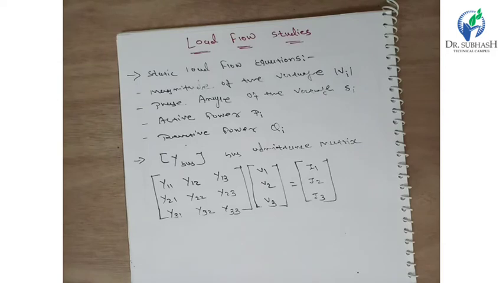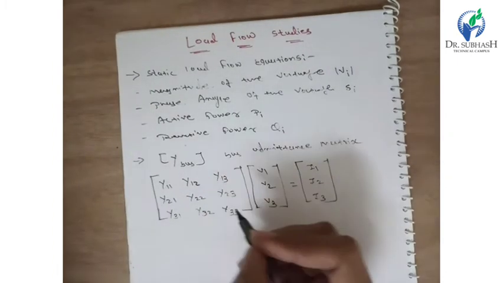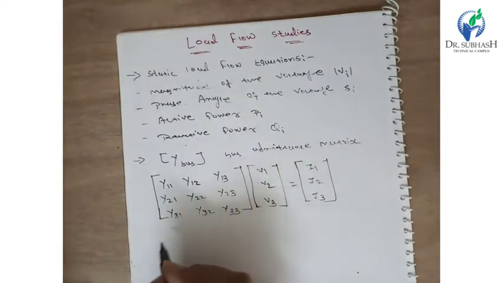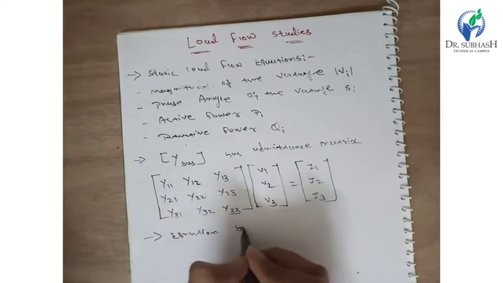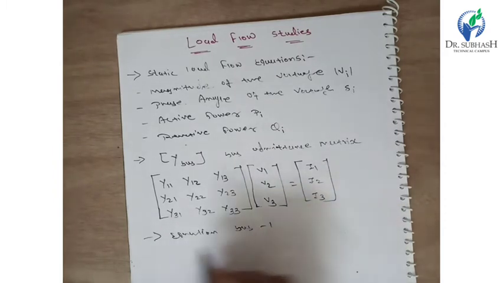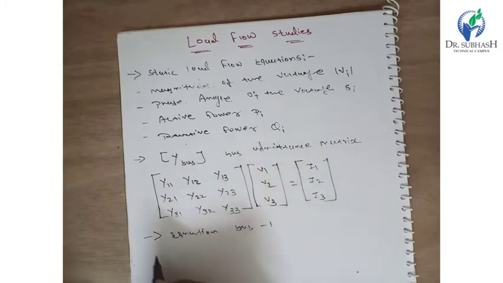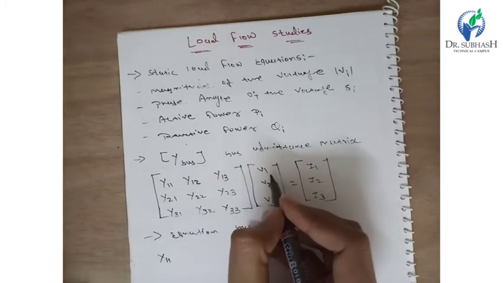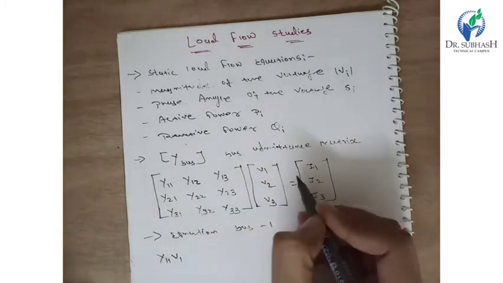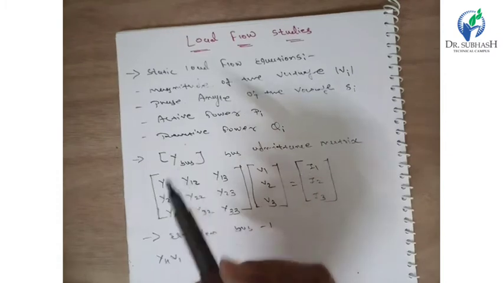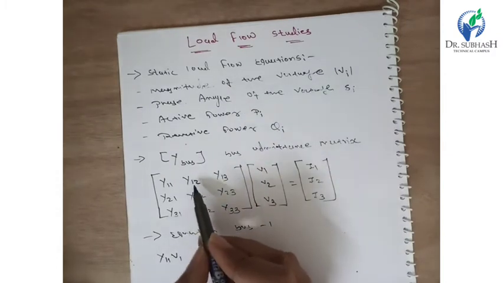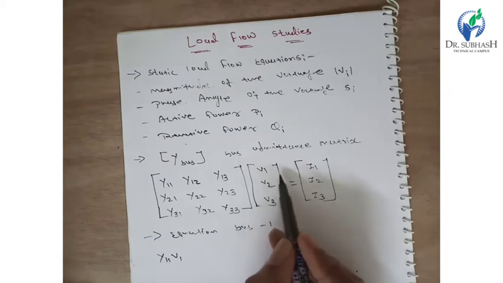Now we can write the equation for bus 1 using this common equation: Y11 multiplied with V1 is equal to I1.